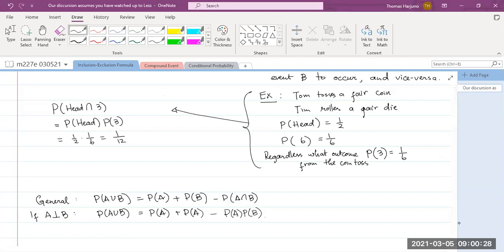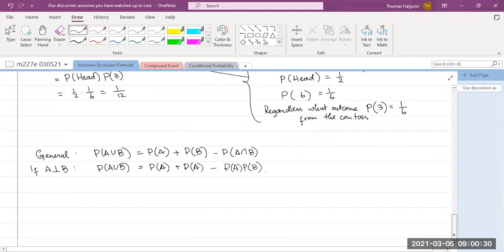Okay, now using this idea, let me ask you to do the following. I want you to do this example. Let A be independent of B. Probability of A is, let's say, 0.6. Probability of B is 0.5.